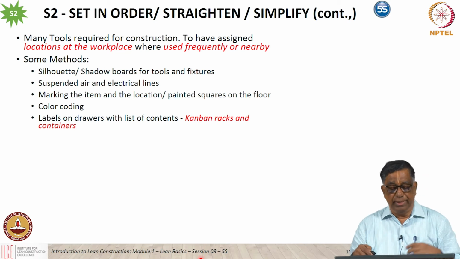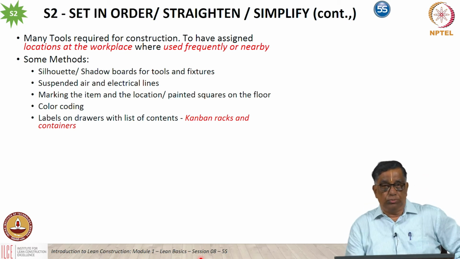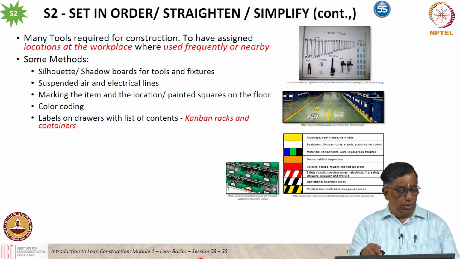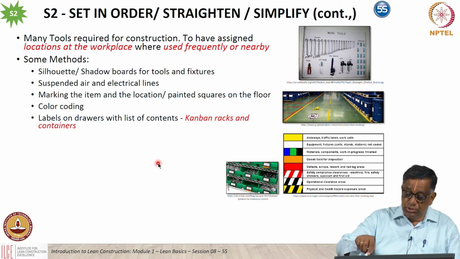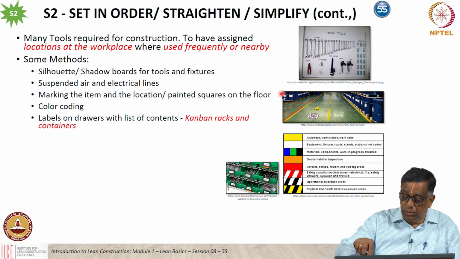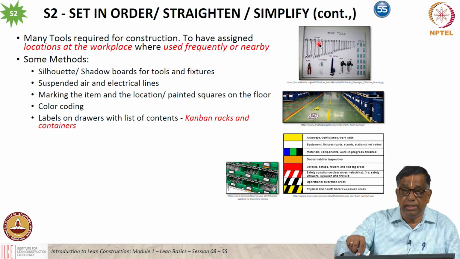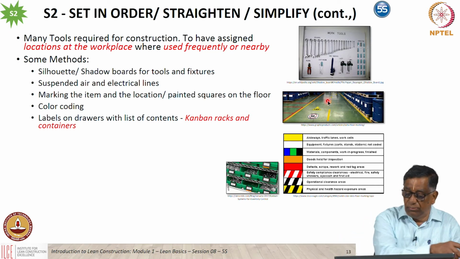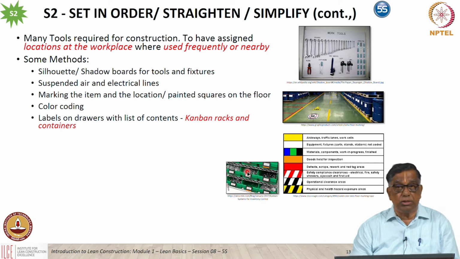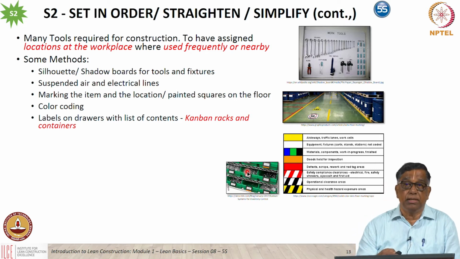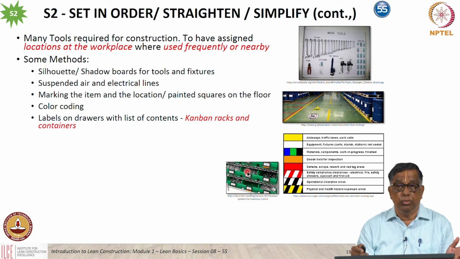And many tools which are required, like I said, we need to keep them in the proper place. For example, this is what is called a silhouette board. So a silhouette board is what you are seeing here. It has the outlines, the shapes of all the tools marked on that, or you can keep boxes marked on the floor where a particular item has to go, or you can have color coding for the various elements, and you can have containers with colors marked on that, and your tool also has the same color, so you know exactly where it has to go.